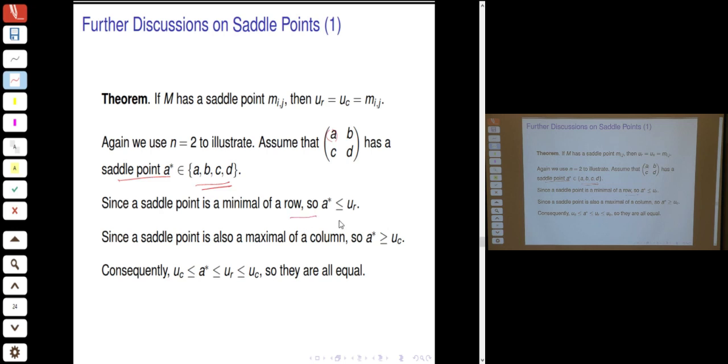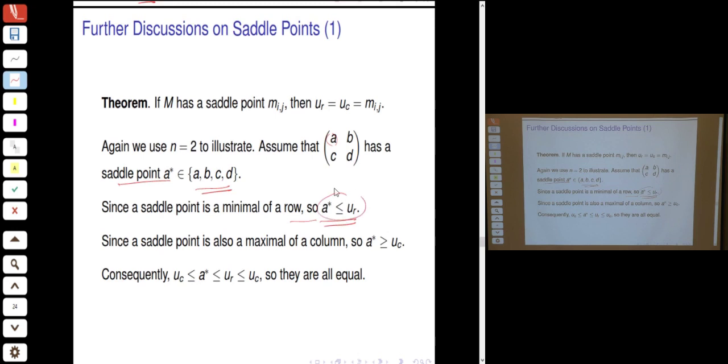So in particular, it is less than or equal to the maximum of the minimum of rows, right? So A* is less than or equal to UR. Similarly, since the saddle point is the maximum of a column, it is bigger than or equal to the minimum over all column maxima. So A* is bigger than or equal to UC.